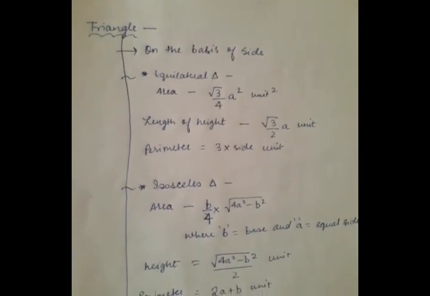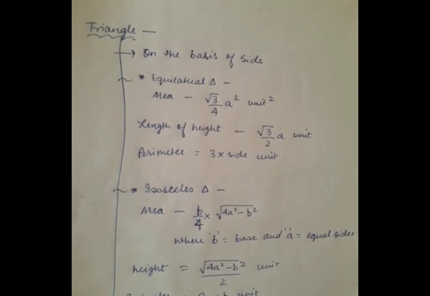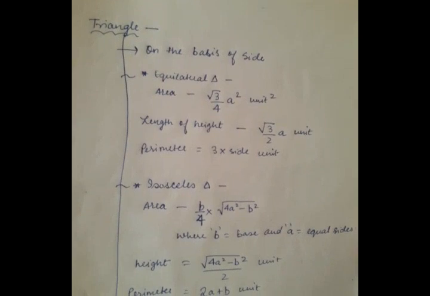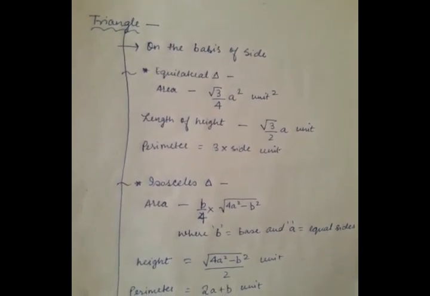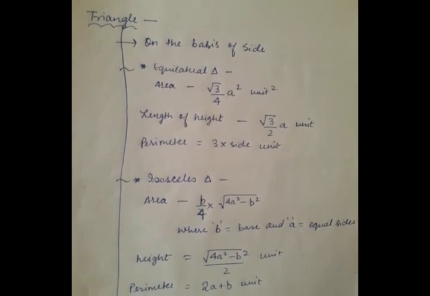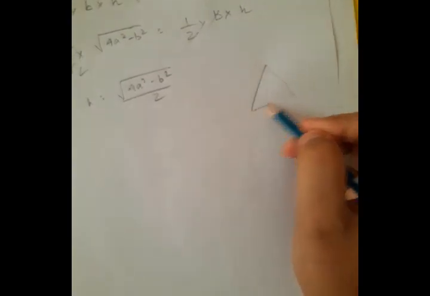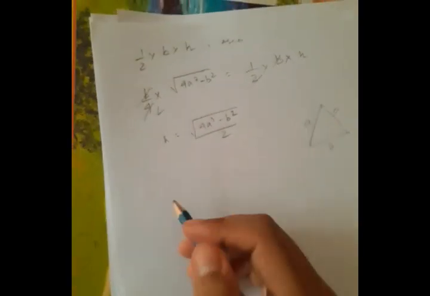Now the next triangle, the equilateral triangle. The area is root 3 by 4 a square unit square, the length of the height is root 3 by 2 a unit, and the perimeter is 3 into side. Let us deduce it. This is an equilateral triangle whose side is a, all sides are equal.